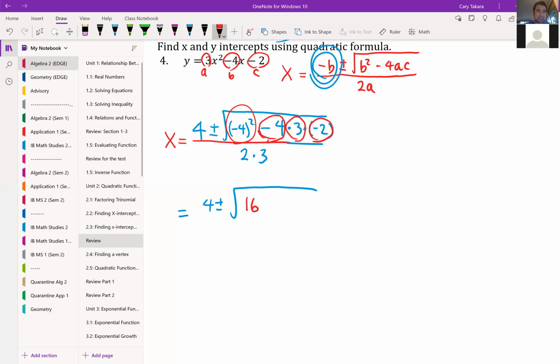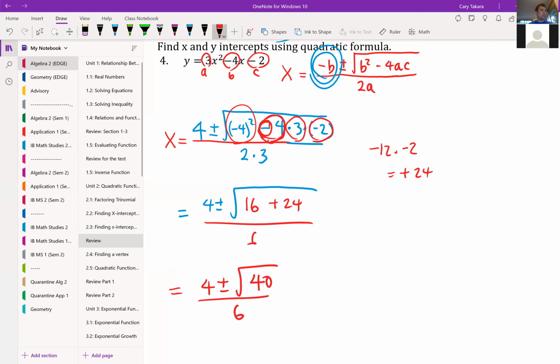Just include this negative sign. Negative 4 times 3 is negative 12. Negative 12 times negative 2 is positive 24. So positive 24. So your answer is going to be square root of 40, okay, over 6.